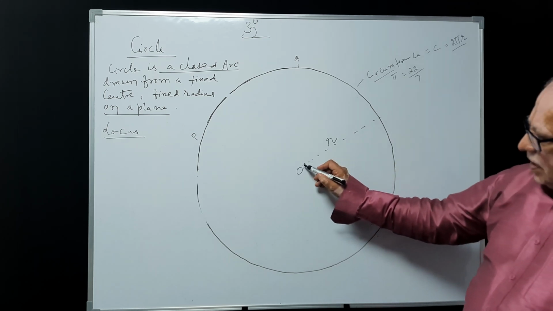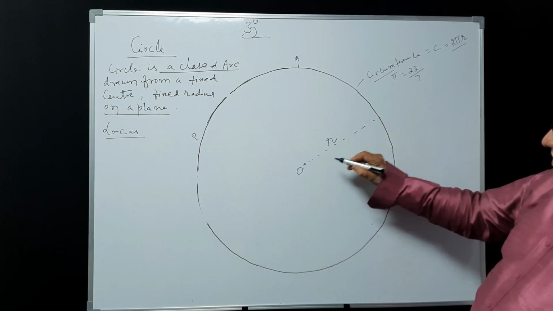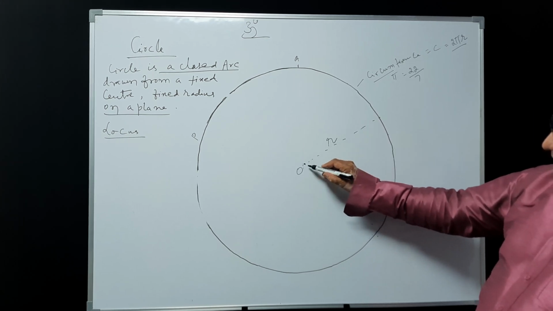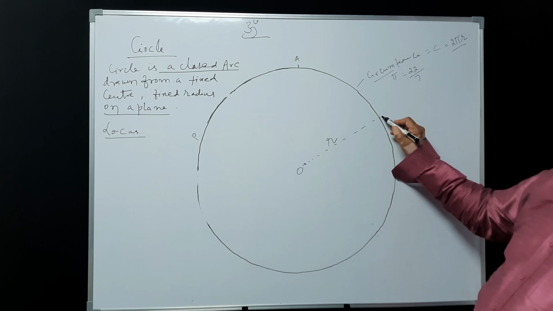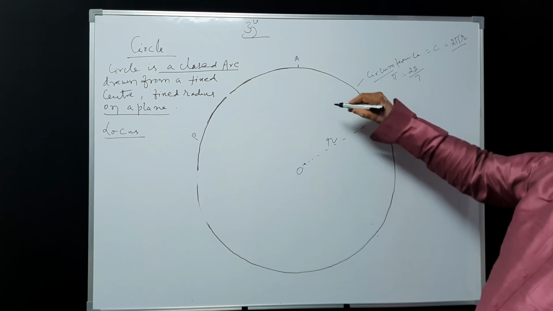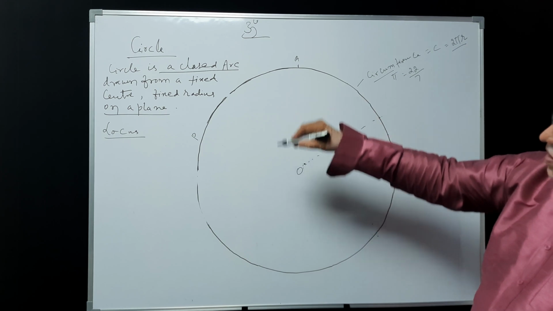Now, first we have learned what r is. R means the radius, the distance between the center and the circumference of the circle, and the circumference is the length of the curved path of the circle.